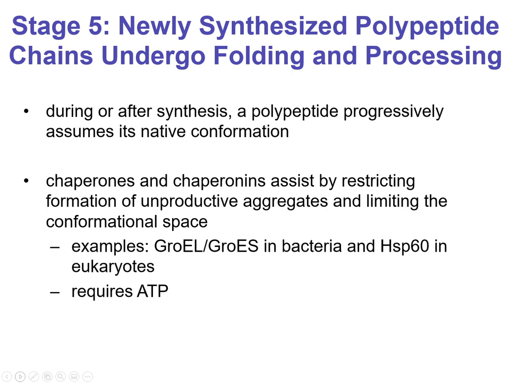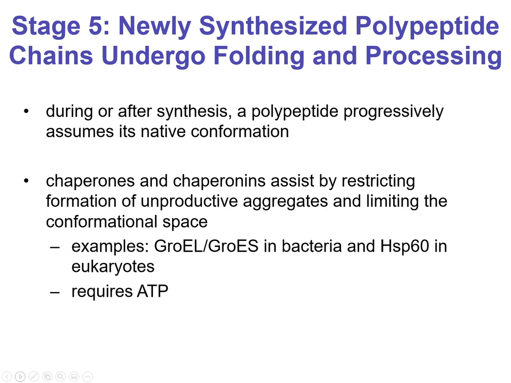Sometimes this can happen during synthesis, but oftentimes there are processes that happen after the polypeptide has been released from the ribosome, and it will assume its native conformation. We think about this happening, it just sampling all of the conformations and just ending up on the correct fold. But in reality, we need chaperones and chaperonins, which we talked about a little bit when we were talking about protein structure way at the beginning of the course.